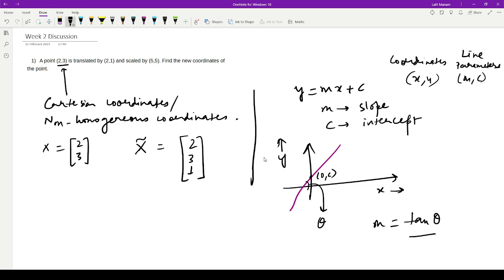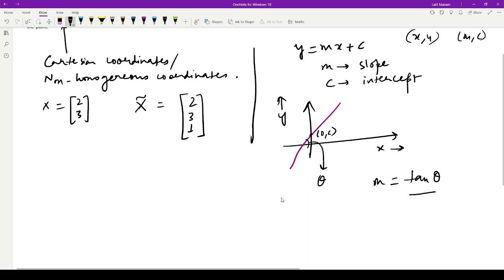Now, what if I say that theta is 90? How will the line look? Theta is 90 means what is the value of m? It will be perpendicular to the x-axis, parallel to y.